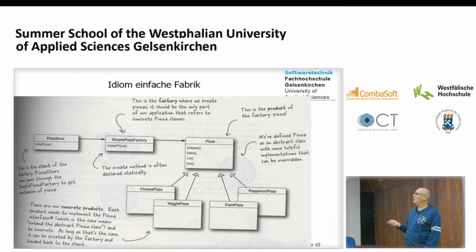We don't talk to the pizza class itself, we have a pizza factory in front of it. And this pizza factory has an operation called createPizza. The pizza itself has the operations prepare, bake, cut, and box. And here you have the different kinds of pizza which will be produced.